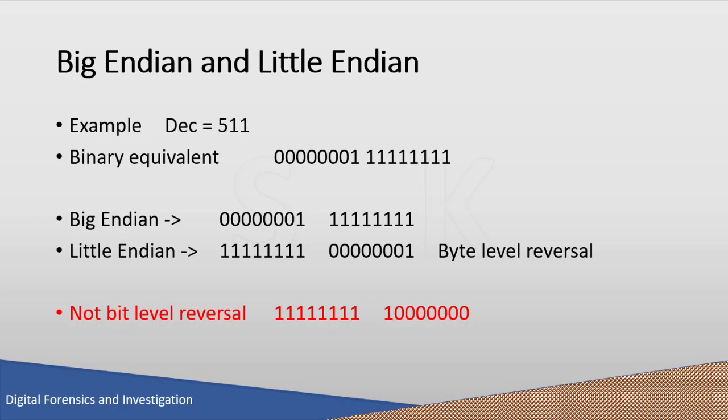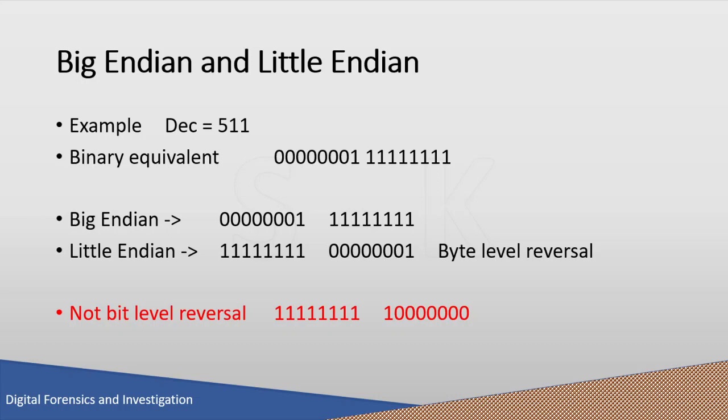In the case of binary representation, let's consider a decimal number, 511, and its binary equivalent is 7 zeros and 1 followed by 8 ones. If we want to store them in the Big Endian format, first we will store the 7 zeros and 1 at the lowest address and then the 8 ones at the highest address.